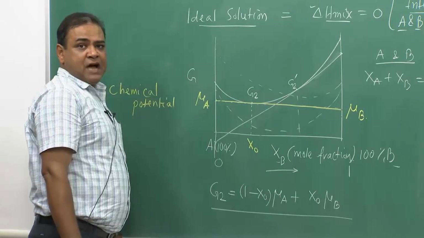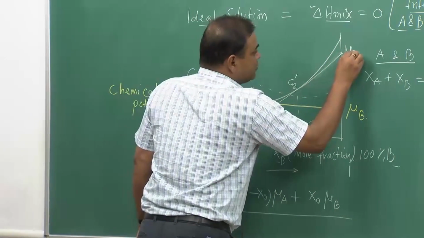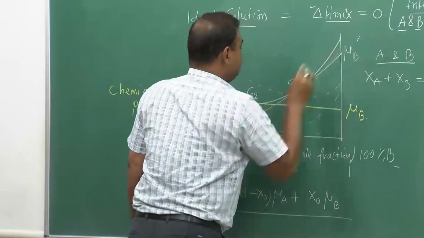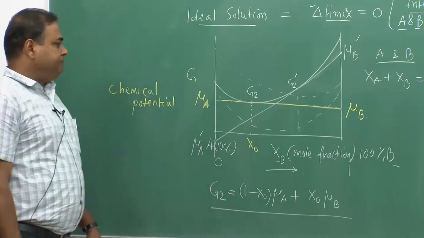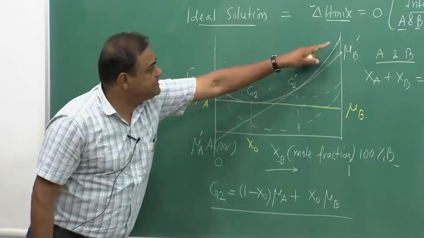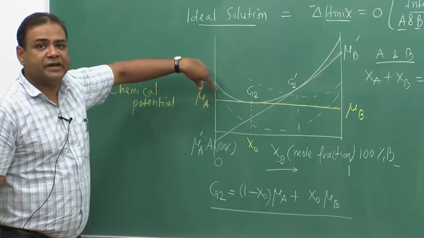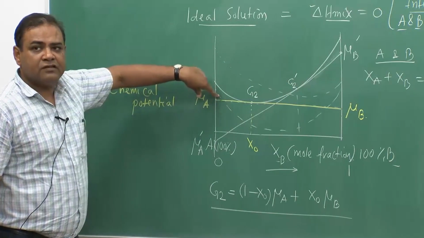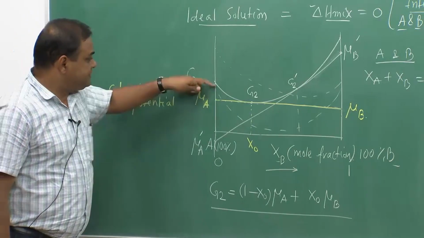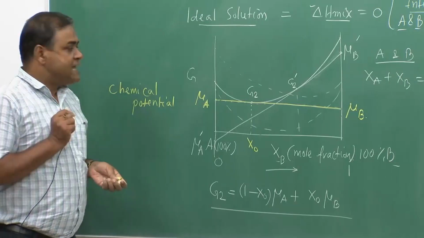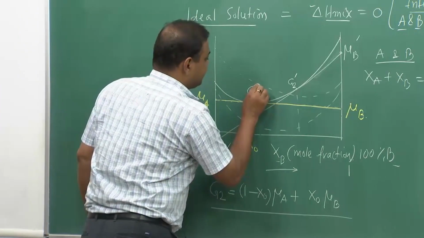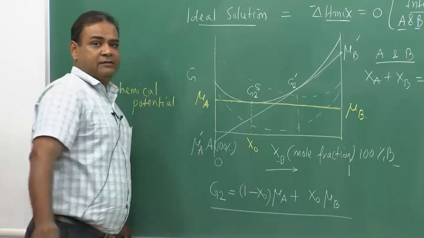So, this is a new mu B prime, and this is mu A prime. And since we are considering a complete solid solution, it is a graph for a particular phase, and let us say we consider that it is a graph for solid.